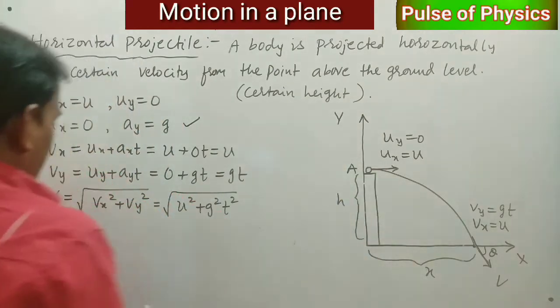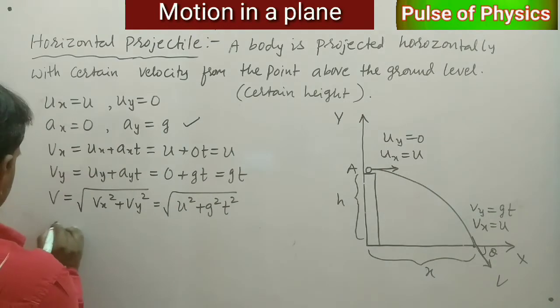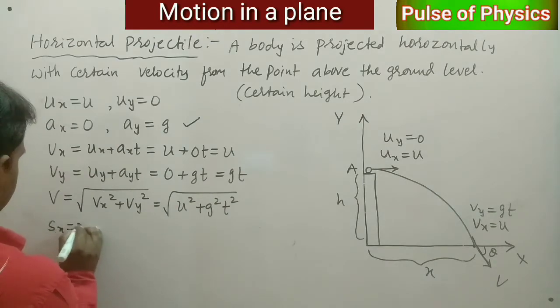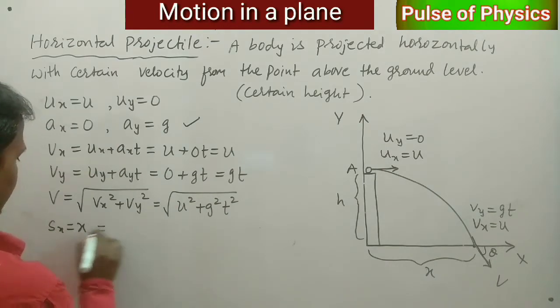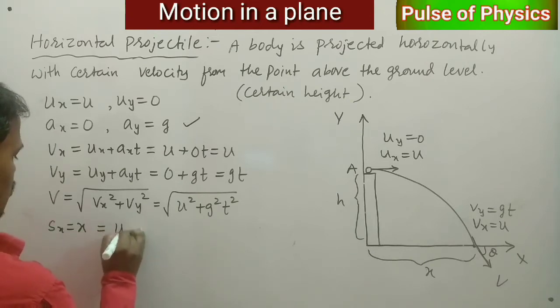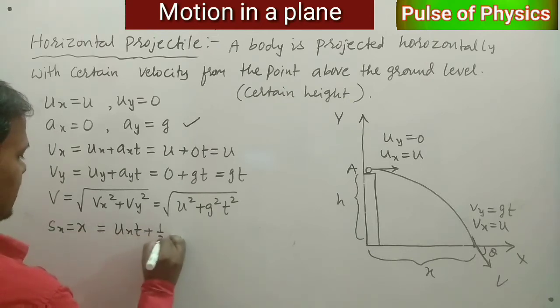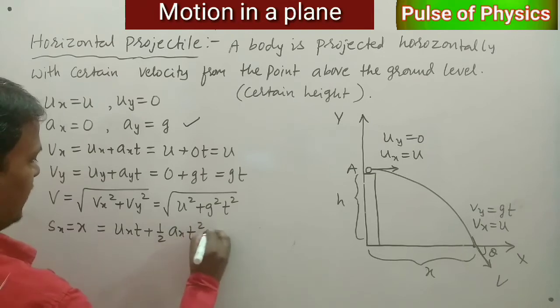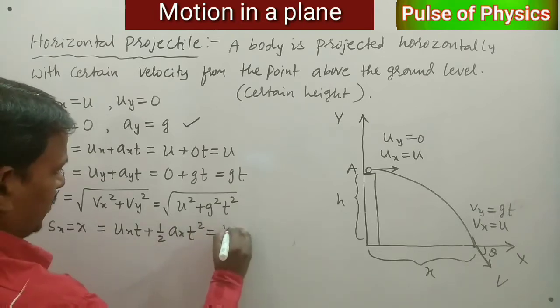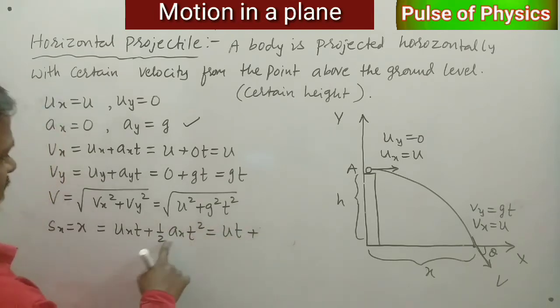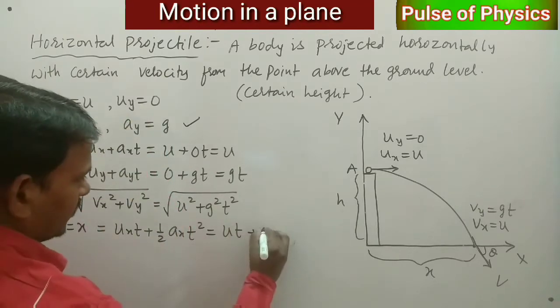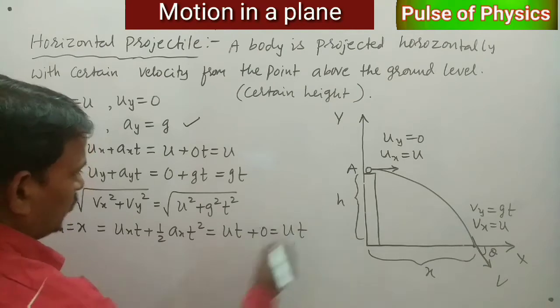Next time of flight t. X, sx, that is x is equal to uxt plus half ax t square, u into t plus half ax, it is 0, this term becomes 0, so it becomes ut.